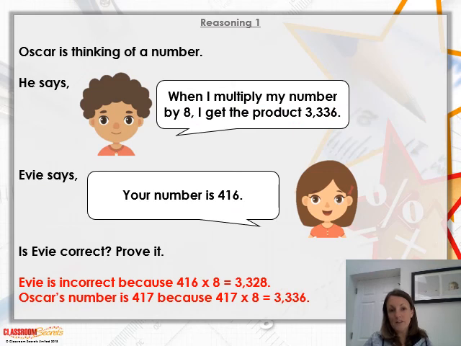So Evie is incorrect because 416 multiplied by 8 gives the answer of 3,328. And I can see here there's absolutely no way that she's correct. So just by starting off that multiplication, on the previous slide, we knew that answer was false. Oscar's number is actually 417 multiplied by 8.